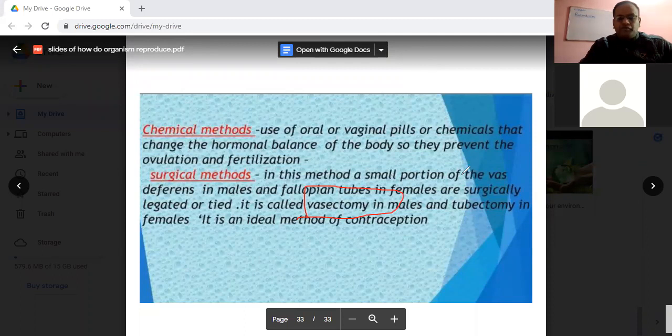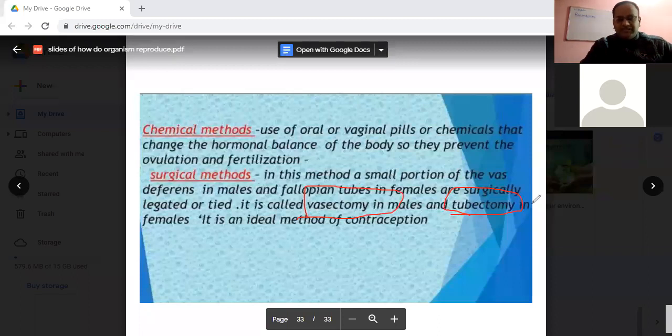And the next surgical method is tubectomy. From the name itself, it should be clear to you that this will be performed in females. From the word fallopian tube, it comes because here the fallopian tube is cut and ligated. As a result, the ovum will not come to the fallopian tube, and the fallopian tube is the site of fertilization.